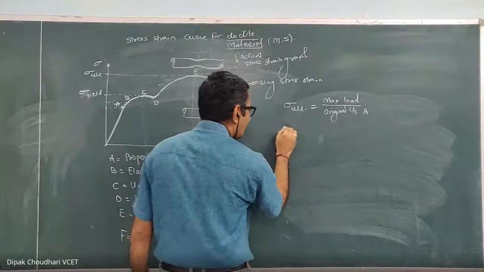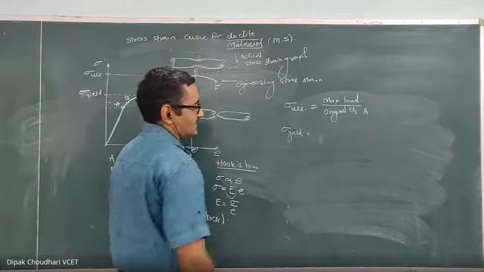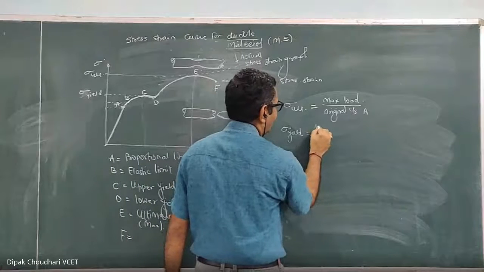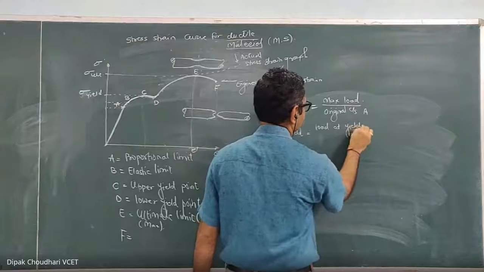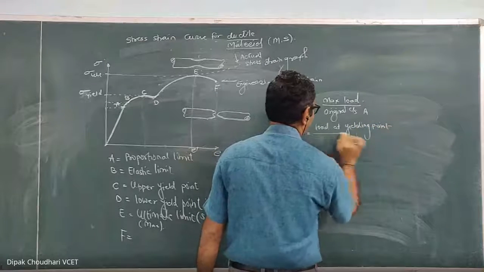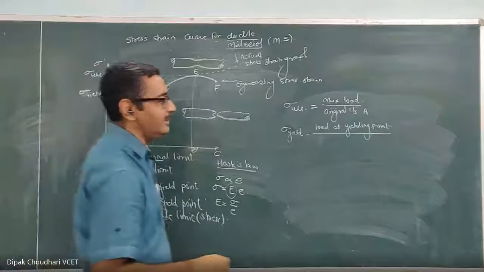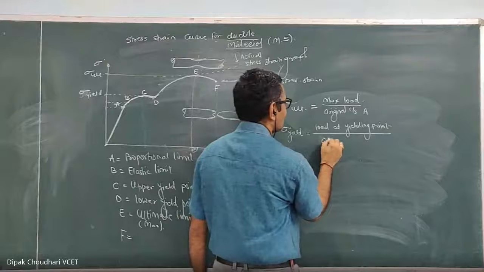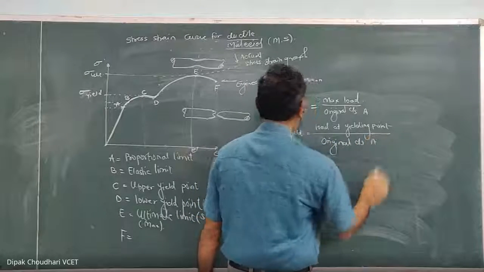Okay, how can we calculate the yield stress? Yield stress is the load at the yielding point, where the yielding starts. The load at a particular yielding point upon the original cross-sectional area gives you the yield stress.